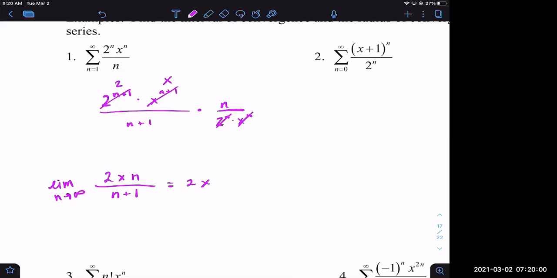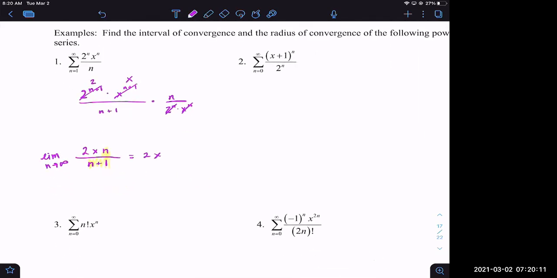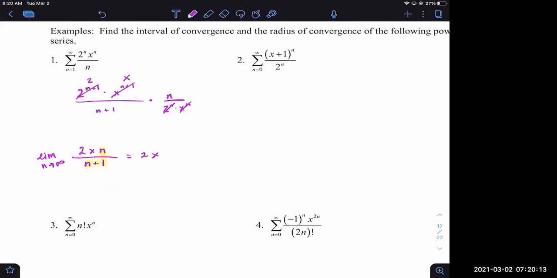So unlike the last one we would just get a number because there wasn't an x. But our rule is these are equal, so we get the coefficient, and the coefficient happens to be 2x. In order for this to converge, we're trying to find what values of x make this converge. Well, ratio test tells us if the ratio, and it is the absolute value, if the absolute value is less than 1, then it will converge.